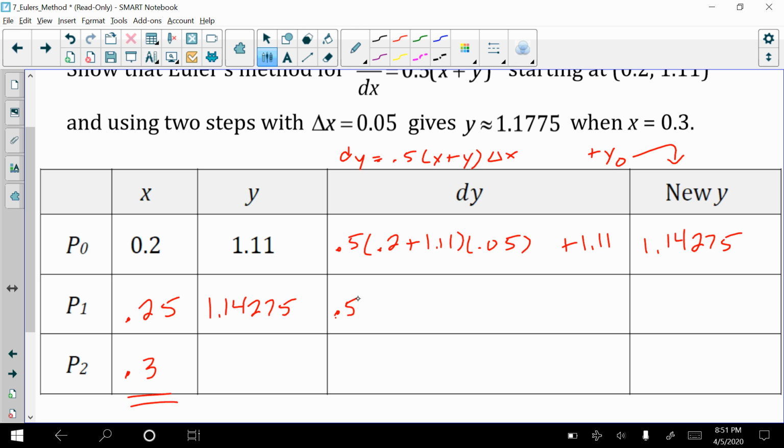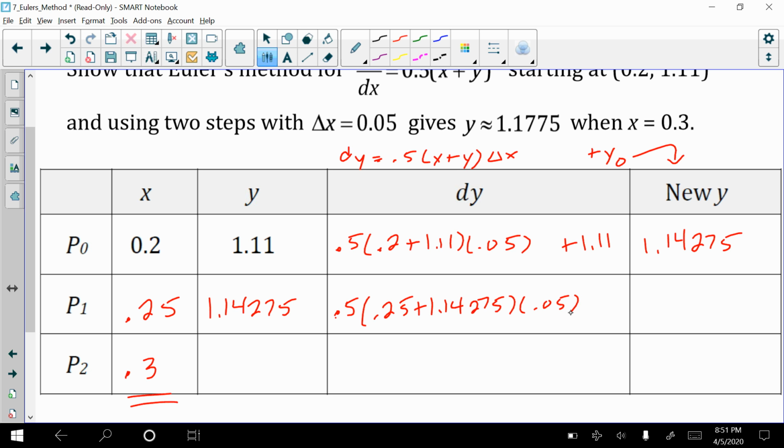So we say the 0.5 from the differential equation, and in this case x is 0.25, plus the 1.14275 that we got there, times delta x, 0.05. This is telling us how much y is going to be changing; this is the derivative of y.